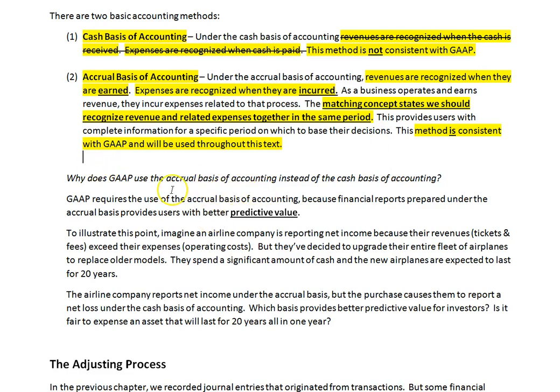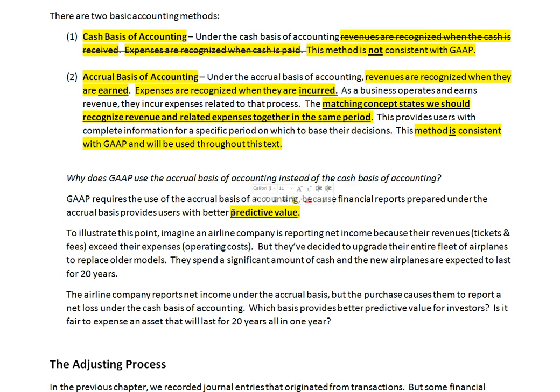All right, why do we like the accrual basis and not the cash basis? The short answer is that accrual basis gives us better predictive value. Ultimately, we're preparing these reports for users. Users are going to make decisions based on this data. And what they're trying to decide is, if we're loaning this business money or if we're investing in this business, is this business going to do well enough to make this investment worthwhile for us or not?